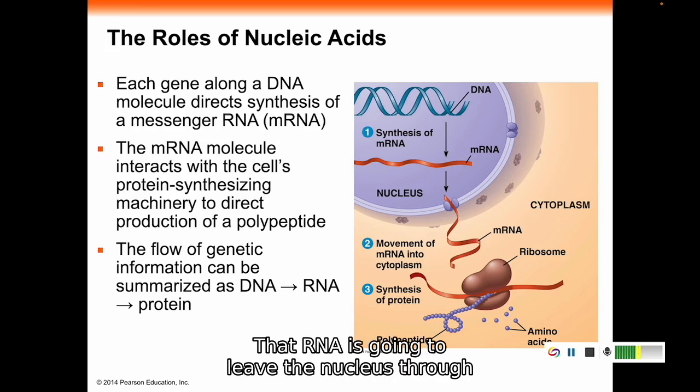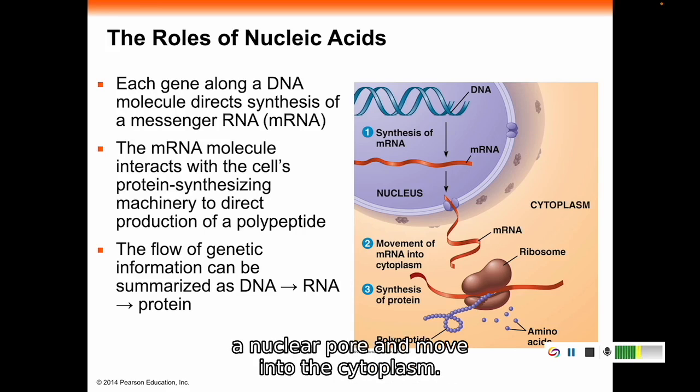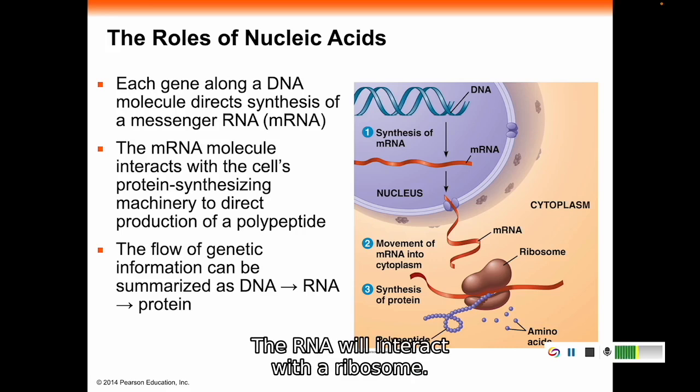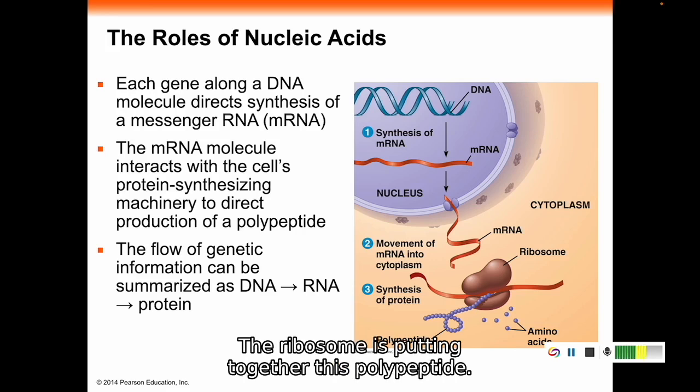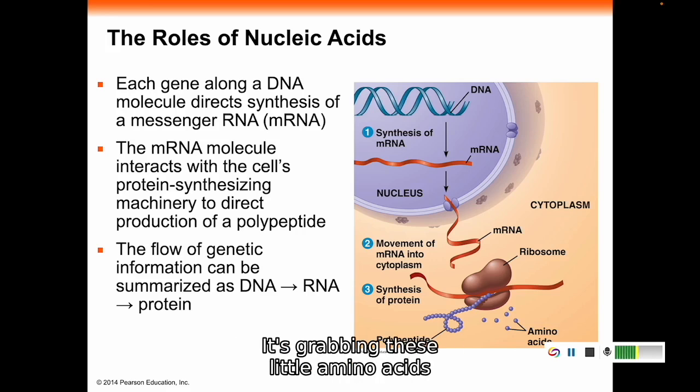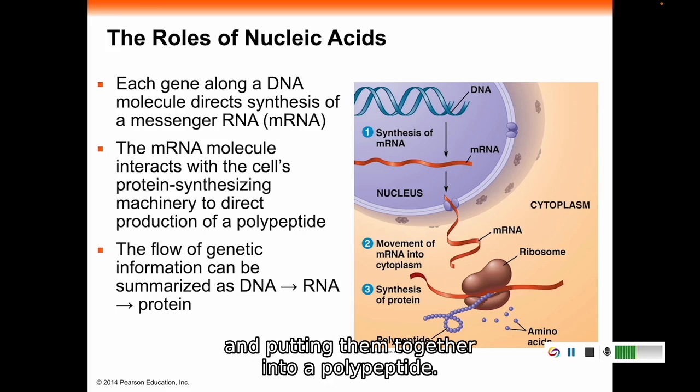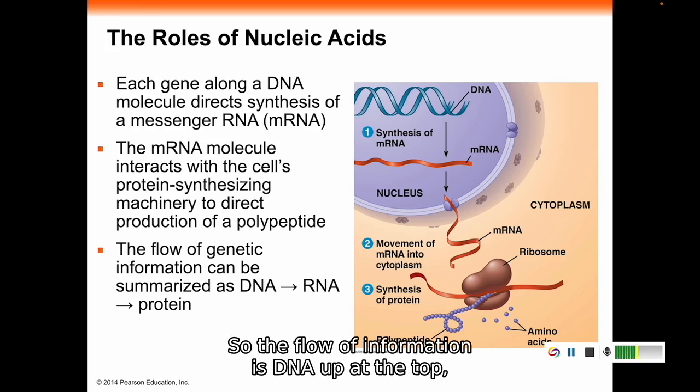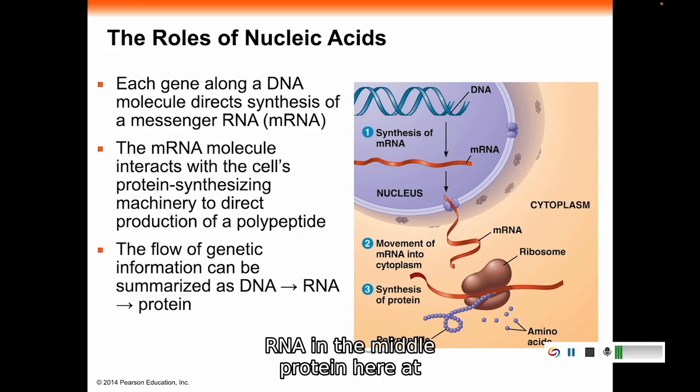That RNA is going to leave the nucleus through a little nuclear pore and move into the cytoplasm. The RNA will interact with a ribosome, and ribosomes are going to build a protein. As the RNA is moving through, the ribosome is putting together this polypeptide. It's grabbing these little amino acids and putting them together into a polypeptide. So the flow of information is DNA up at the top, RNA in the middle, protein here at the bottom of the picture. DNA, RNA, protein.